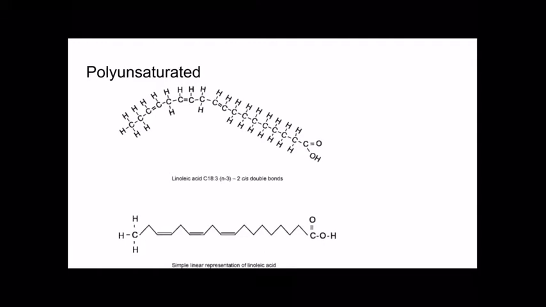So we're looking specifically at linoleic acid, which is an 18 carbon long fatty acid, and it actually has 3 places where there are double covalent bonds. So there are 3 positions where those carbons are not fully saturated with hydrogens. So that's a polyunsaturated fat.